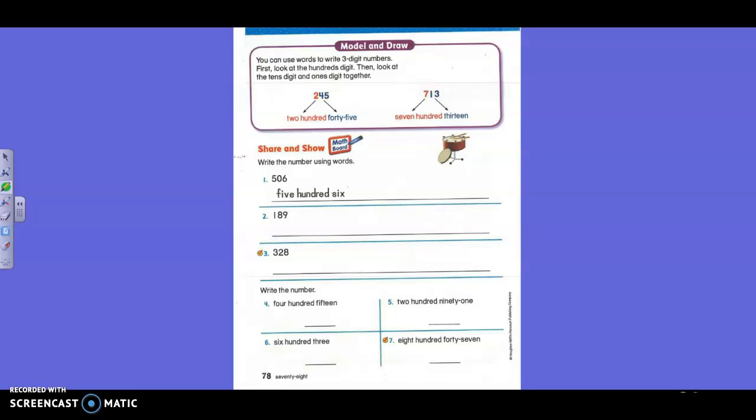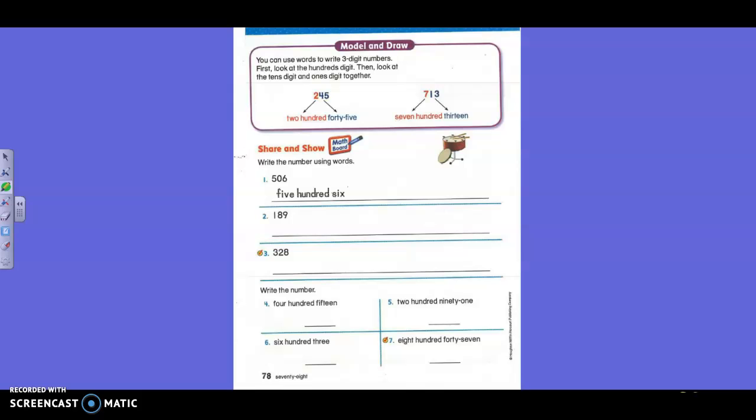All right, boys and girls. Here's the back side of that paper that you just did. It says you can use words to write 3-digit numbers. Okay? They're going to want you to write numbers in word form. This means you are going to have to know how to spell numbers.